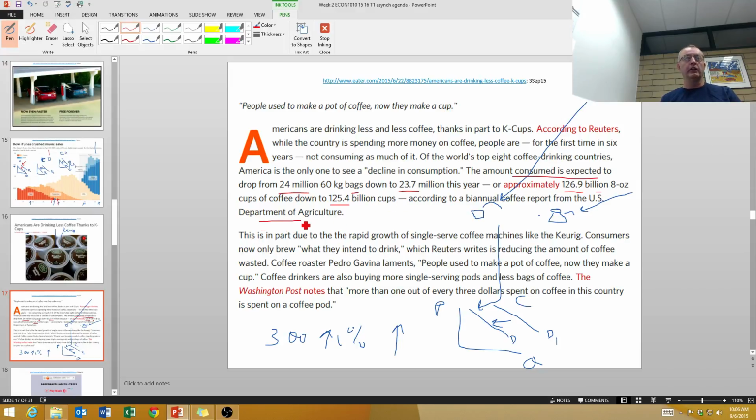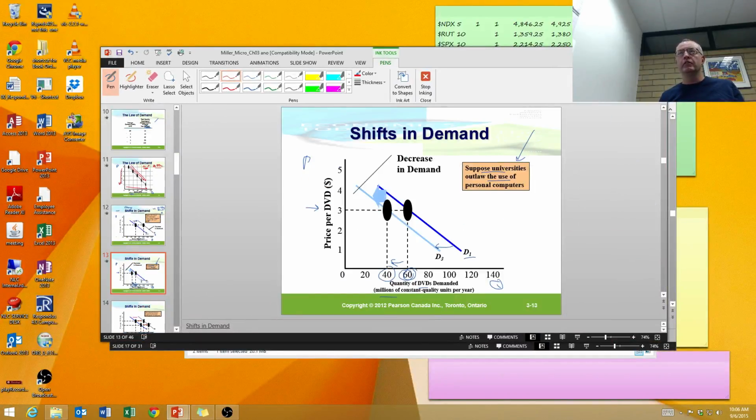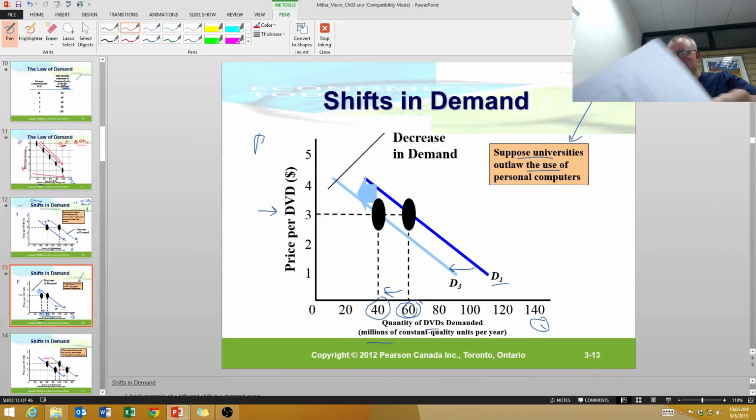And that's from the American Department of Agriculture. Anyway, so it's kind of interesting. Here's a non-price change that's affecting the quantity of coffee that's getting consumed in the United States. Of course, eventually, population growth will overtake the offset by the new technology, but for the time being, coffee consumption in the United States is declining.